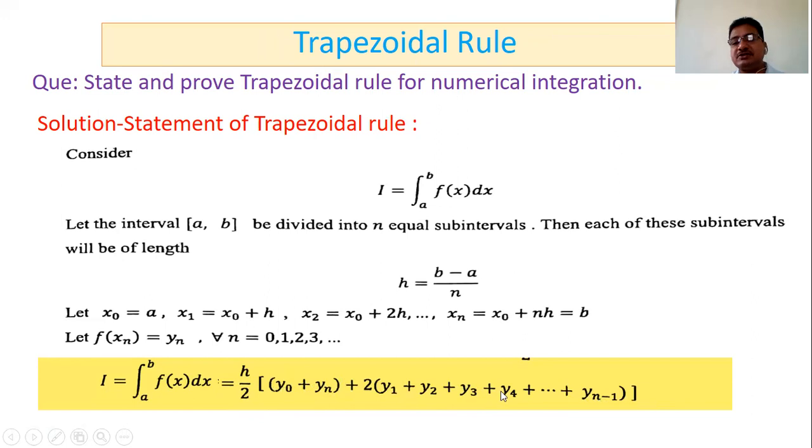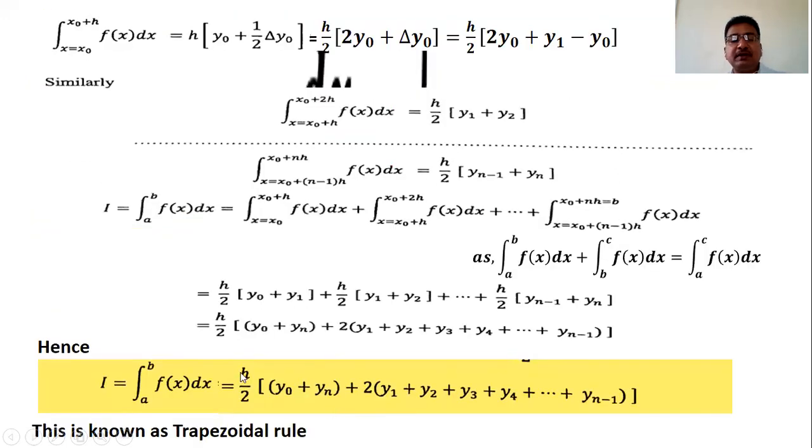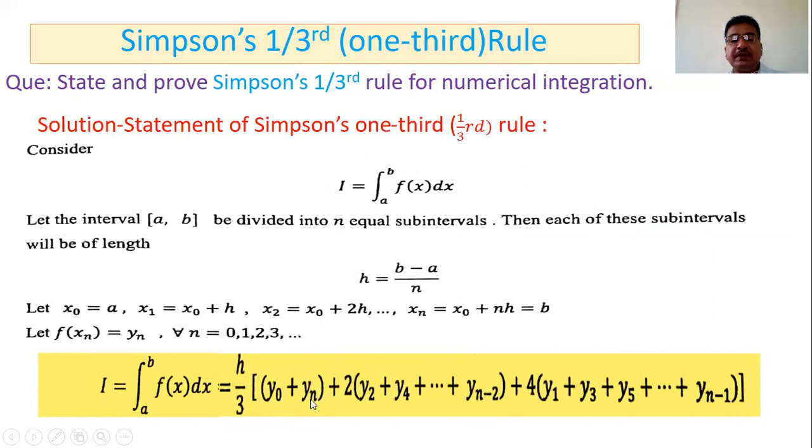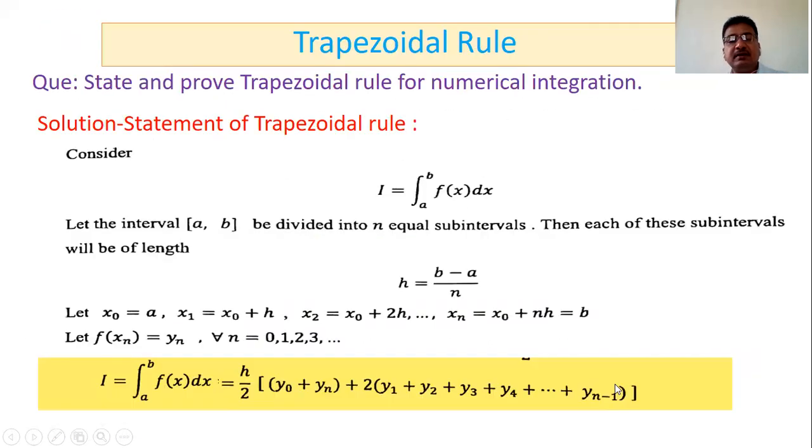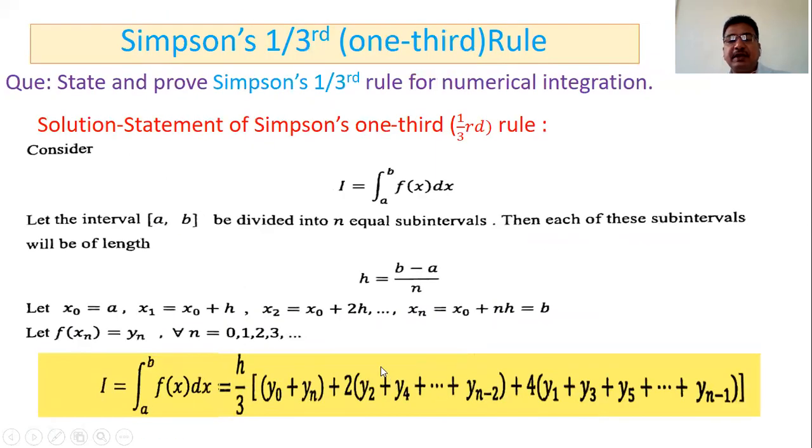And what is Simpson's one-third rule? It is h by 3, first value plus last value in one bracket, plus 2 times the even suffixes, plus 4 times the odd suffixes. In the trapezoidal rule it is 2 times the addition of all remaining values of y other than y0 and yn. Here it is 2 times the addition of even suffixes plus 4 times the addition of odd suffixes, and obviously these brackets contain neither the first nor the last point.